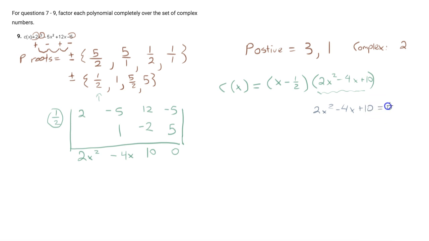So if I set this equal to 0, I think the fastest way would be for me to use the quadratic formula here and solve for my x's. So I'm going to get, if I do that, this. And I'm going to speed this part of the video up since the quadratic formula should be reviewed.